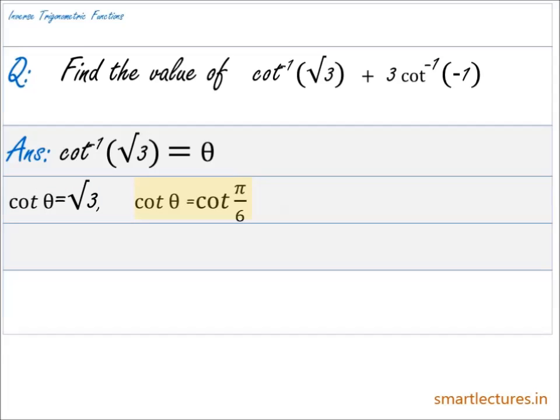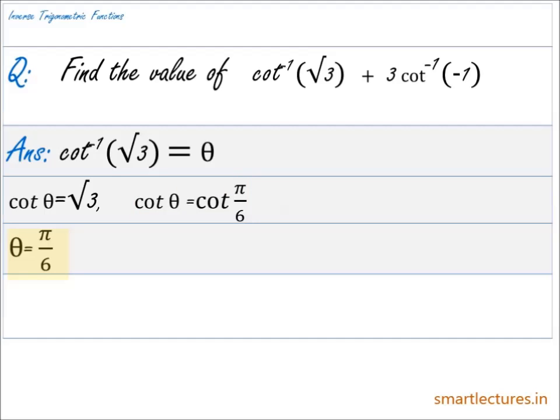So we can also write cot theta is equal to cot of pi upon 6. And now cot theta is equal to cot pi upon 6, and that means theta is equal to pi upon 6. But cot inverse under root 3 is equal to theta.